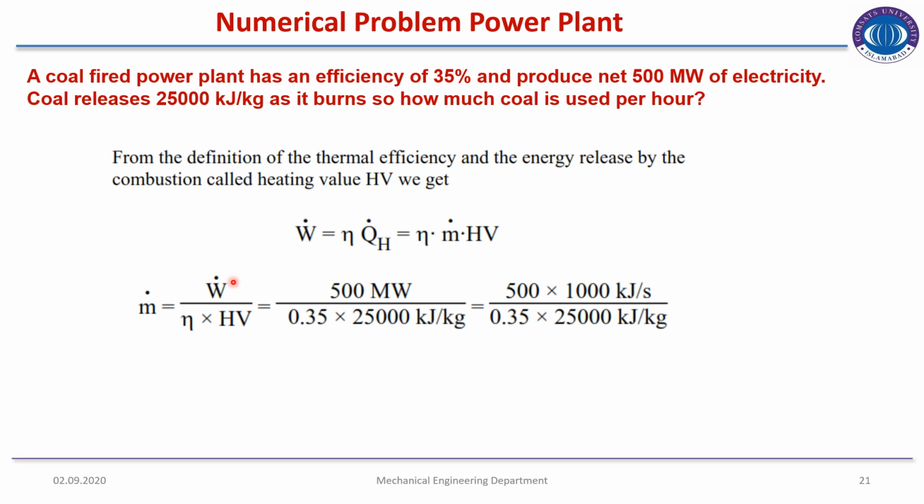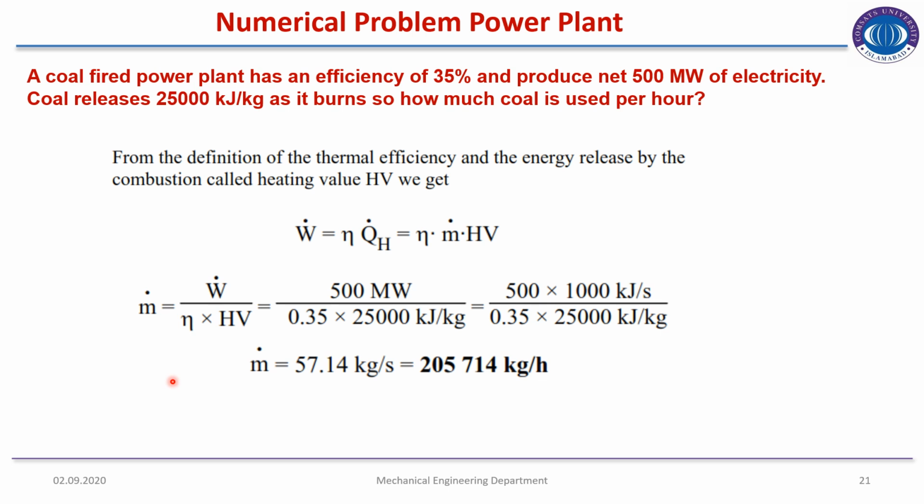So M dot is equal to W dot over efficiency times heating value. So we have all the values on the right hand side. Therefore, M dot is equal to 57.14 kg per second.